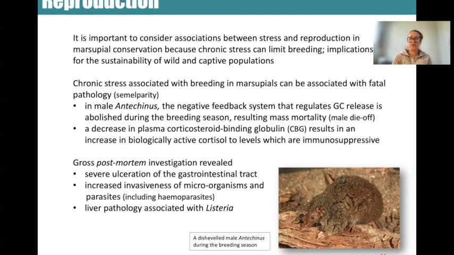So chronic stress associated with breeding in marsupials can be associated with fatal pathology. This is referred to as semelparity, and we will discuss this again in the reproduction lectures. But basically what we see in some marsupials, such as the Antechinus, is that males have a negative feedback system that regulates glucocorticoid release.